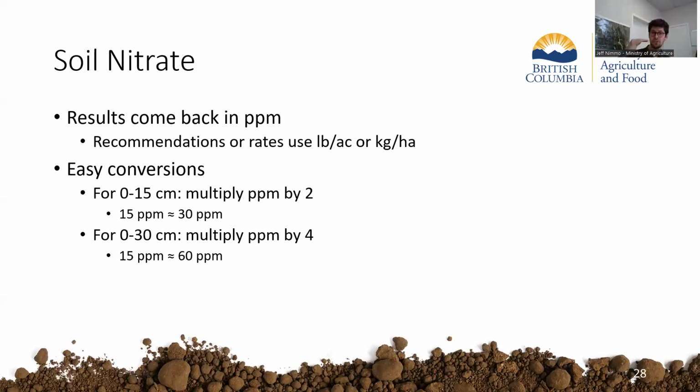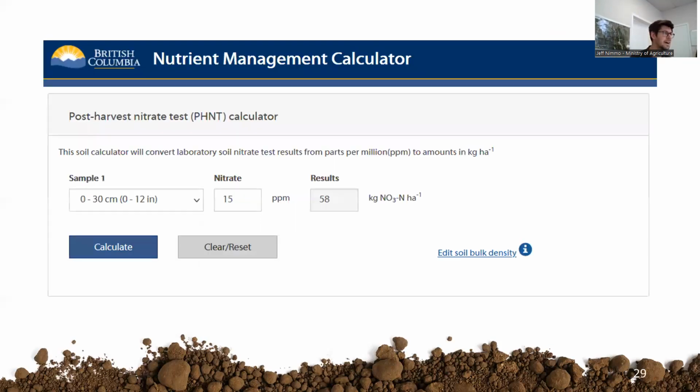Or if it's a deeper soil sample, which means you're including more of the mass of the soil and the concentration of nitrate found within more depth, then just multiply by 4. If you want a really accurate and fancy conversion, we do have a tool online that can do that for you, and you can fiddle around with the different depths that your soil samples are from, or if you know information about soil bulk density, you can adjust that to get a real sense of what the actual nitrogen content within your soil is.